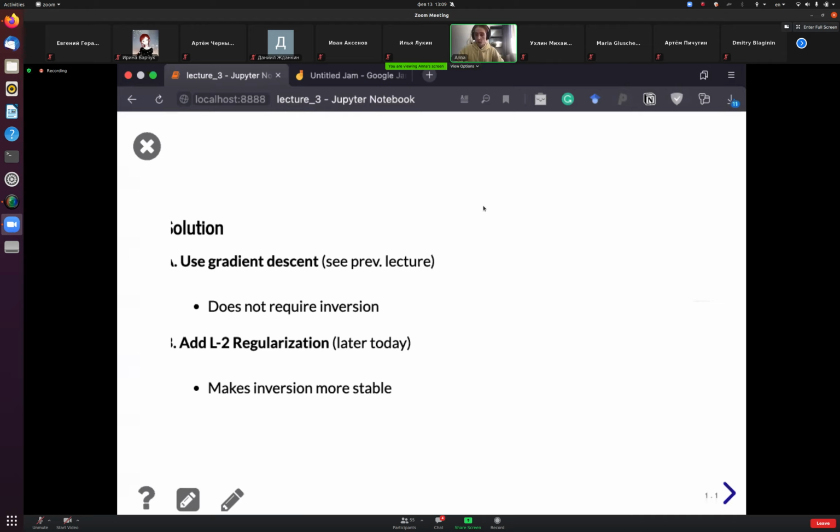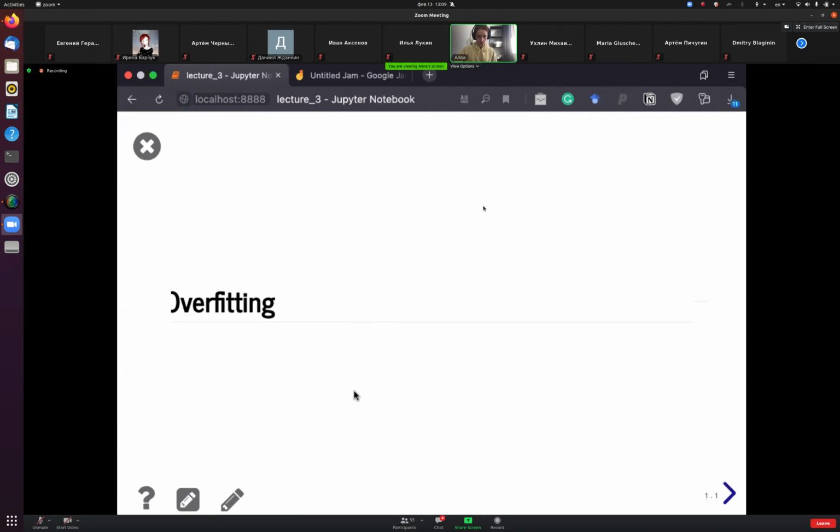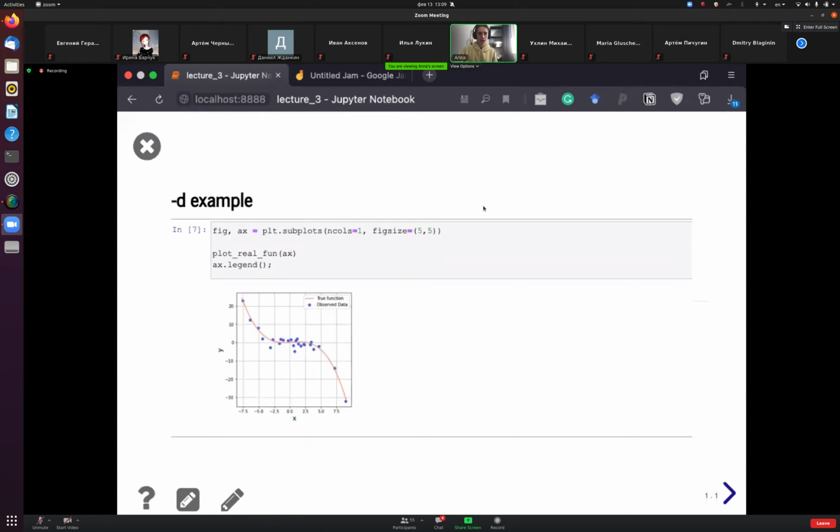Okay, that was the problem with analytical solution, but that's actually not the only problem we have when we train models in machine learning. Another problem that may arise is so-called overfitting. Let us consider a toy example to illustrate what overfitting is and what it means for us.